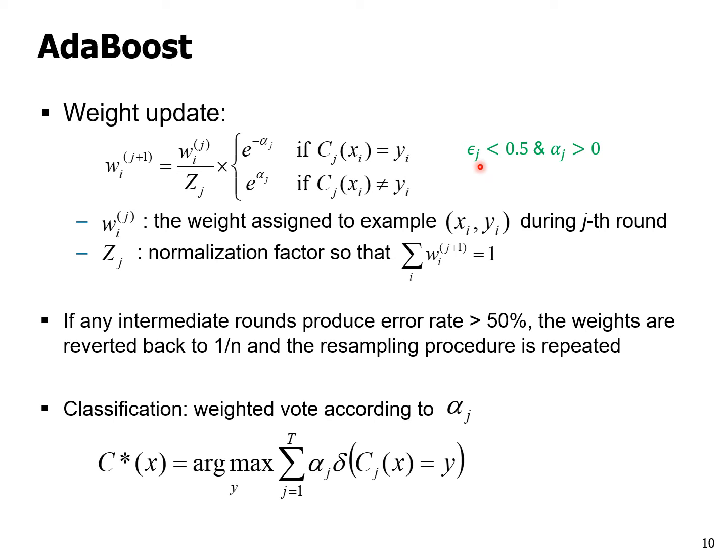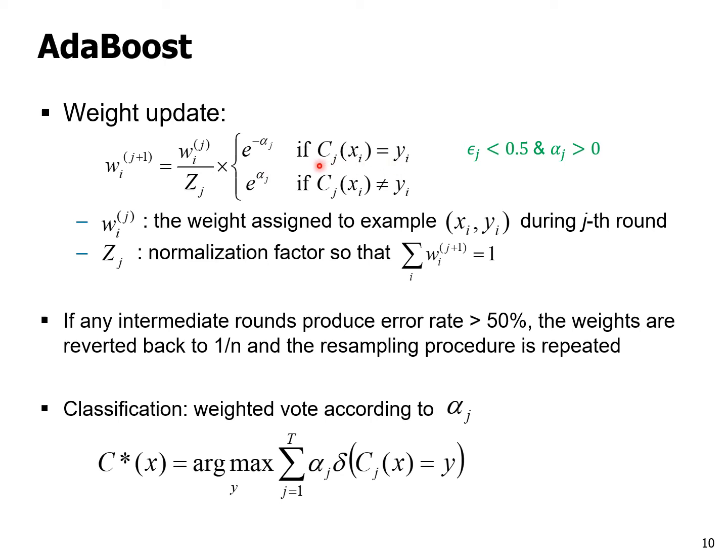We just kill the classifier and create a brand new classifier. So we can always assume the error is less than 0.5, because if the error is over 0.5, we just kill it. Because the error is always less than 0.5, alpha j, the weight of the classifier, is always positive.